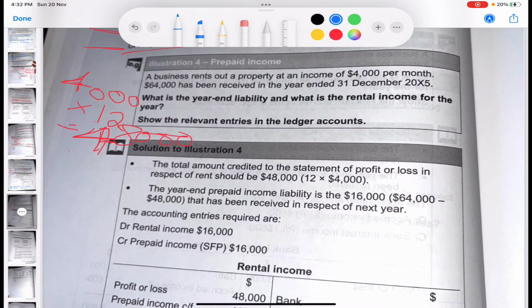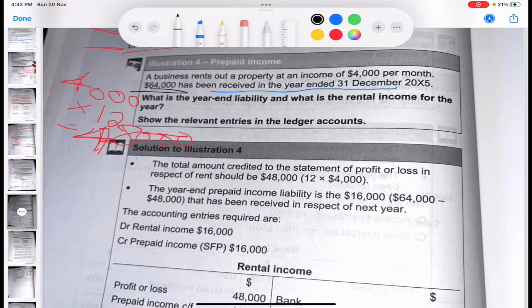64,000 has been received in the year. For the entire year, the income I had to receive was 48,000, but I have received 64,000, which means it is my prepaid income. Someone has prepaid income for the next year also.